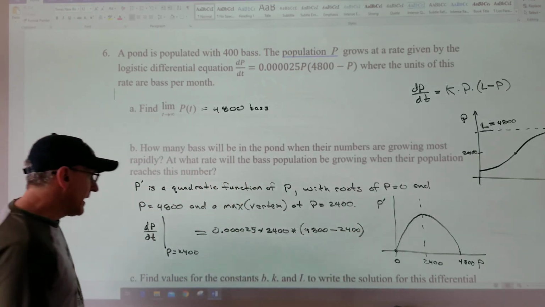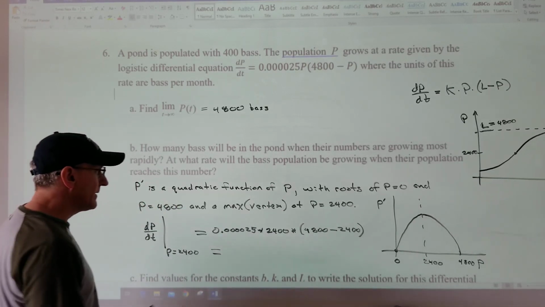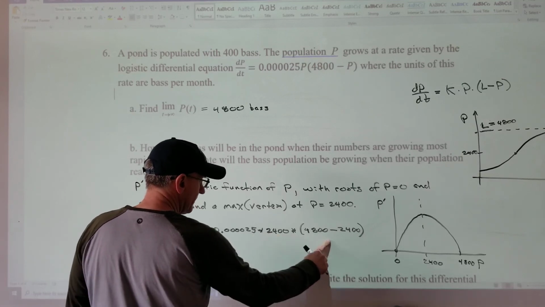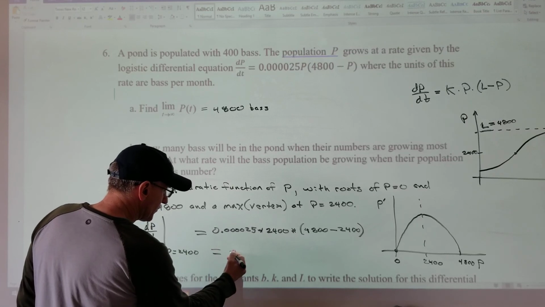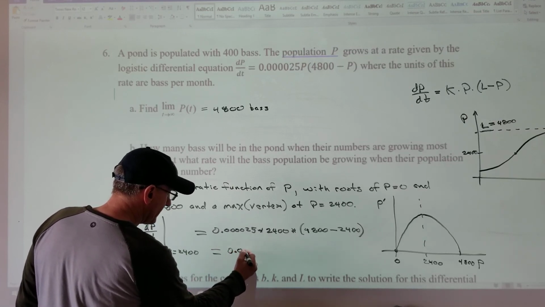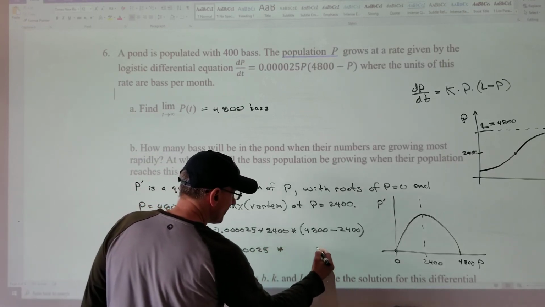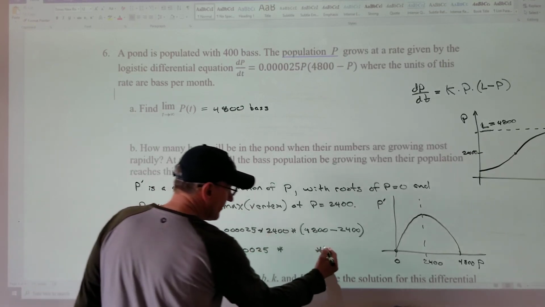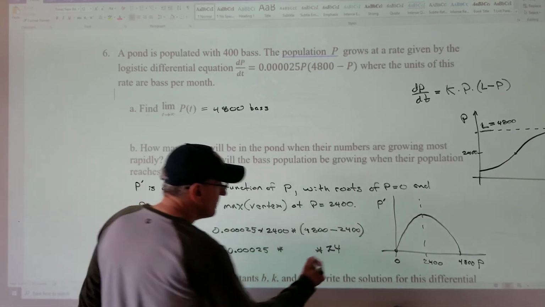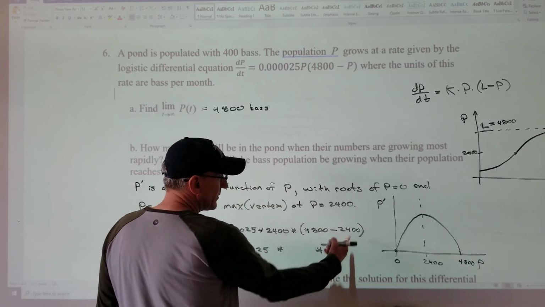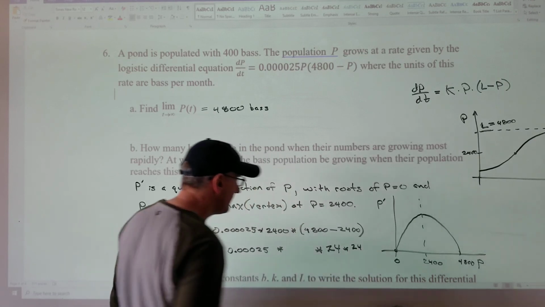And they're going to let you use a calculator with this, I'm sure. I think what I'm going to do, though, is realize that these are both 2,400. So what you have is 0.00025 times, I'm going to write 24. I know there's supposed to be zeros there, but I took them off. And then here, I go 4,800 minus 2,400 and get 2,400 again. But what about the zeros?